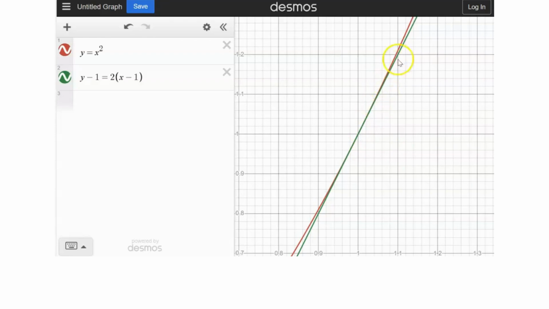Now the farther away we get from the point of tangency, you can see the separation. So you have to be close to the point of tangency in order to use this as an approximation. Okay, so that's the concept of tangent line approximation and why we use it. And then we'll do an example next.